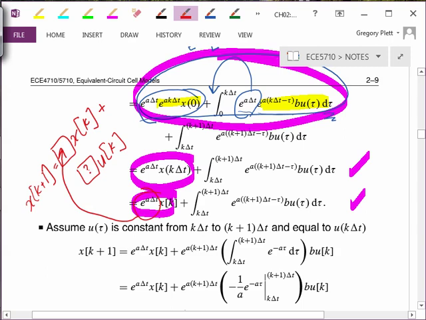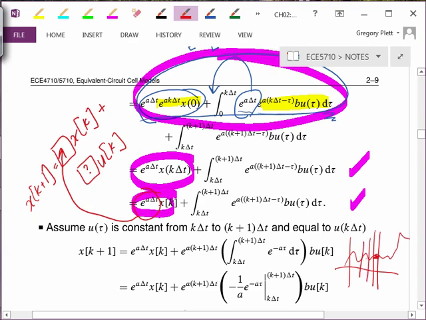Now to do this, we're going to make an assumption, otherwise it's not possible to solve this. We make an assumption that the input to the equation of interest is constant over this time interval k delta t to (k plus 1) delta t. And so that's an approximation, because usually my input is changing in continuous time, but I'm just saying that for some period of time delta t, I can model it as relatively constant.